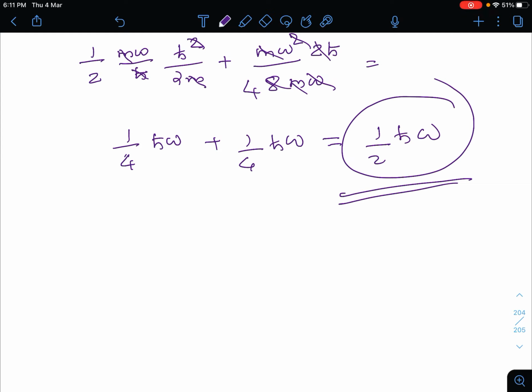Then we minimized that Hamiltonian with respect to some parameter. Then we put that alpha back into what we got already, and that gives you the minimum value of Hamiltonian or E.